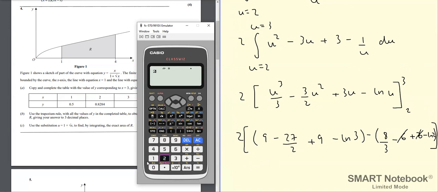So we've got 2 open brackets, 9 minus 27 over 2 plus 9 minus, well, we need the exact area, so I'm going to leave the ln 3 for the time being, minus 8 over 3, and that is it for the numbers.